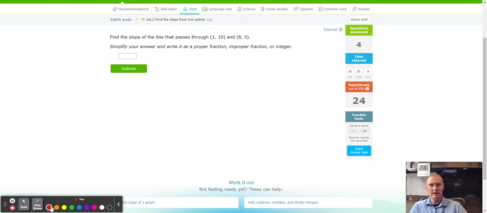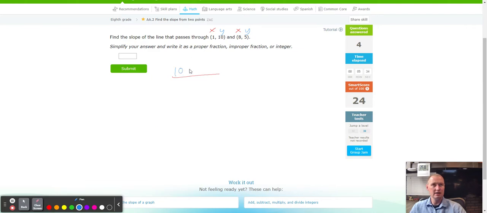All right, next up we got our x values, which are 1 and 8, and our y values are 10 and 5. Remember, when it comes to the fraction, put the y values on top.